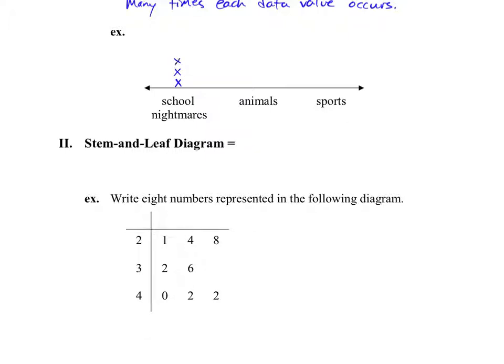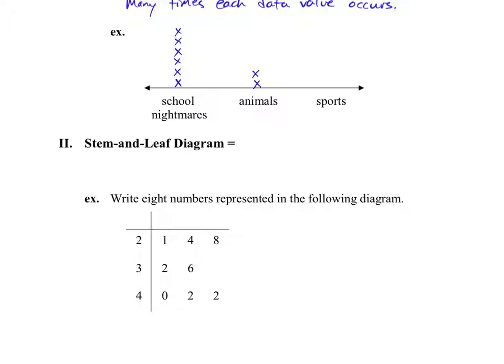So 4, 5, and 6. Now if we were to say only 2 people had dreams about animals, those 2 should end up being the exact same height as what we had right here for the people with school nightmares. So it's easy to see how this list compares to the first one. So animals would be those 2.